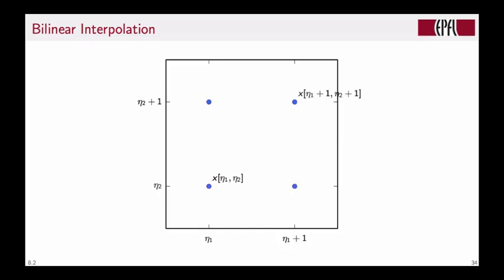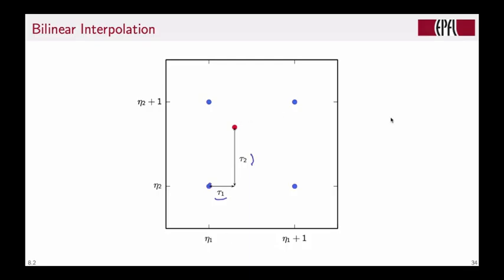We have our reference point, x of eta 1 and eta 2, and we also have the three neighboring points, like so. Remember, our subpixel value, as computed before, falls here in the middle, and it is expressed as a pixel at a horizontal distance of tau 1 and a vertical distance of tau 2 from the reference coordinate eta 1 and eta 2.